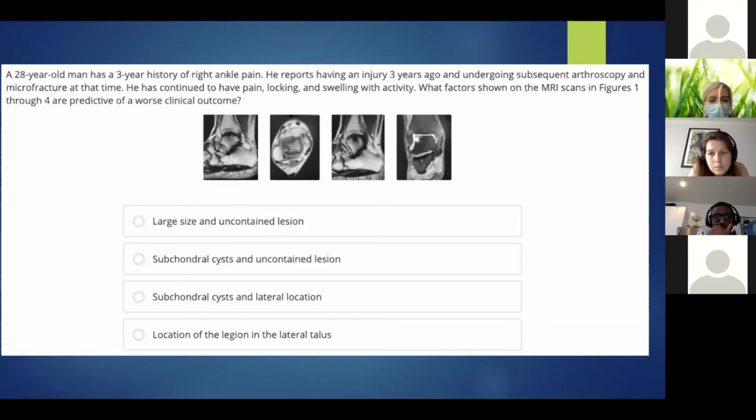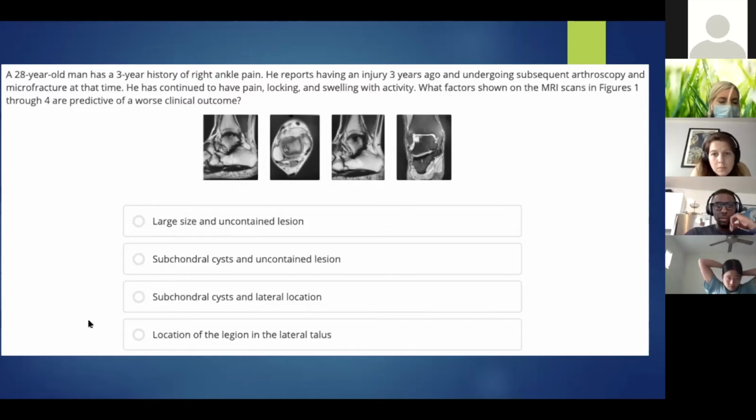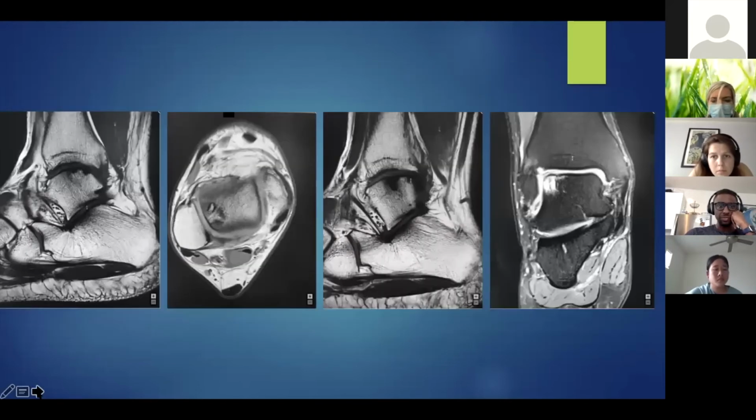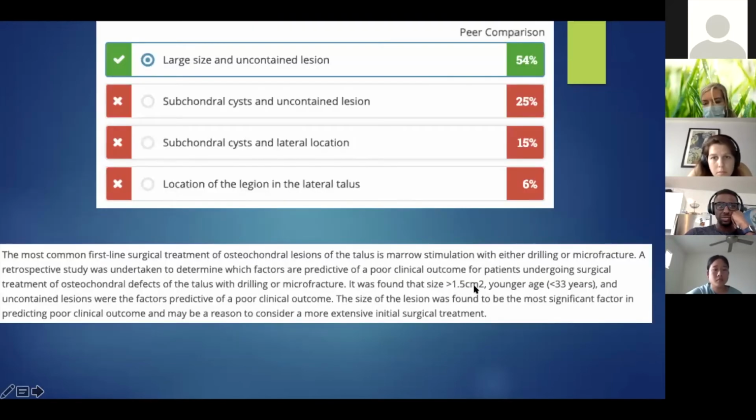And it's uncontained, meaning it's not closed. So I tell people it's like if you're trying to fill in a big divot in your grass, if it's on the edge of a cliff, it's hard for that grass to fill in, right? It's uncontained. So this says also 1.5, which is traditionally what we had talked to people about.